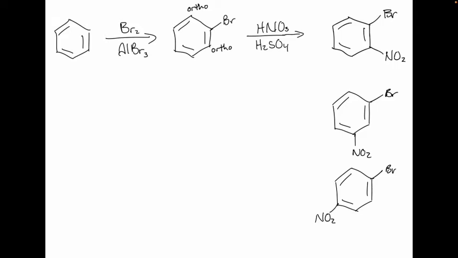The carbons that are located right next door to that bromine are the ortho positions. One removed are what we call the meta positions. And then the one on the very opposite side of the ring, we call the para positions.